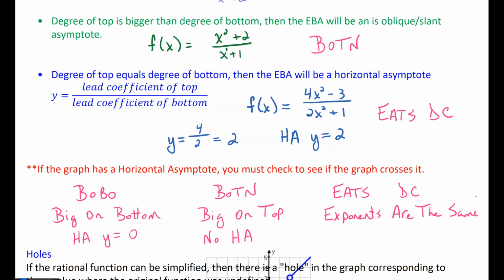When the exponents are the same, we get a horizontal asymptote from dividing the coefficients. That's what that DC is: divide coefficients. That is the acronym that has stuck with me. If you can think of something else, I would love for you to share it.